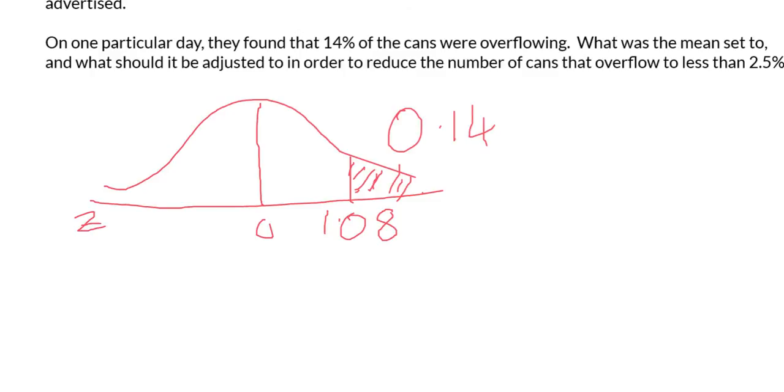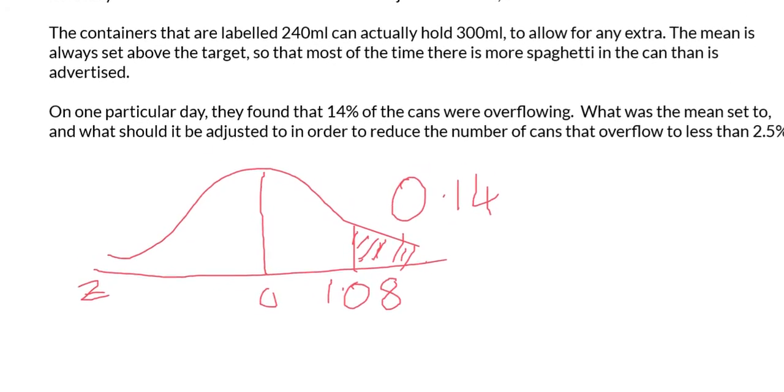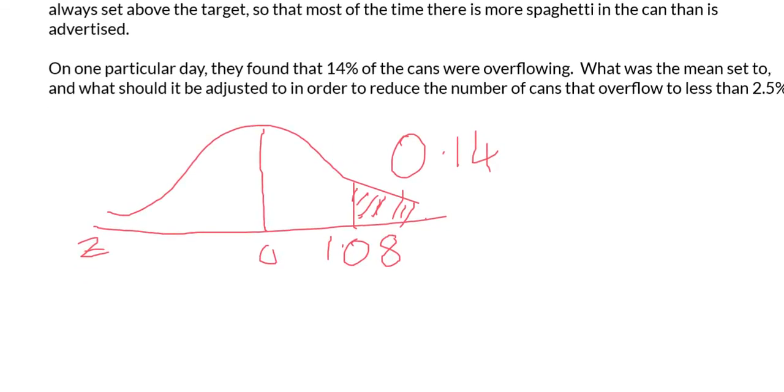That means that the mean is 1.08 standard deviations away from where it starts to overflow. So we know it's going to overflow when it gets to 300. So on our x-axis, this is 300. And I know that my standard deviation is 11.